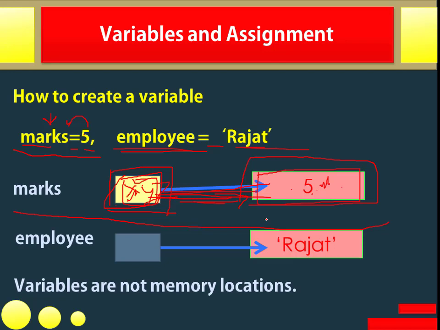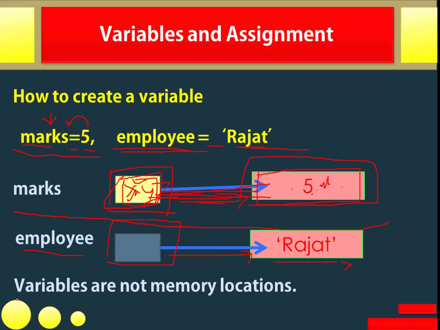The same way, when I created employee, Rajat is stored here in the memory location. But this employee, which you call a variable, is only a label that references that the string Rajat is stored here.